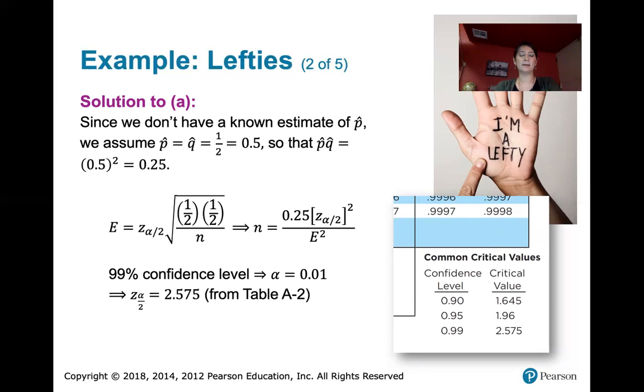So then I can go to my table and look in the body of the table for an area of 0.995 and look for the z-score that way. I could also use Excel, and we could use NORM.S.INV and say I want the area to the left to be 0.995 and solve for z.